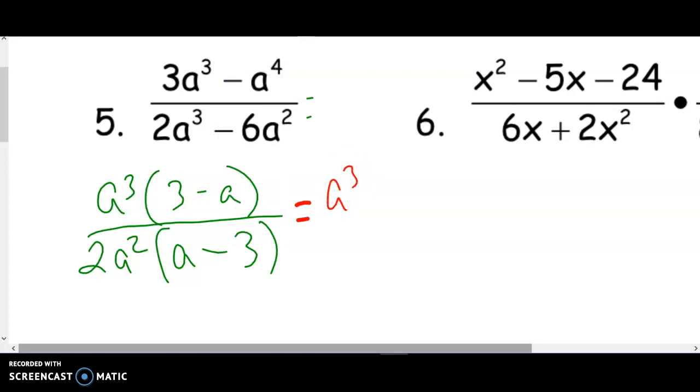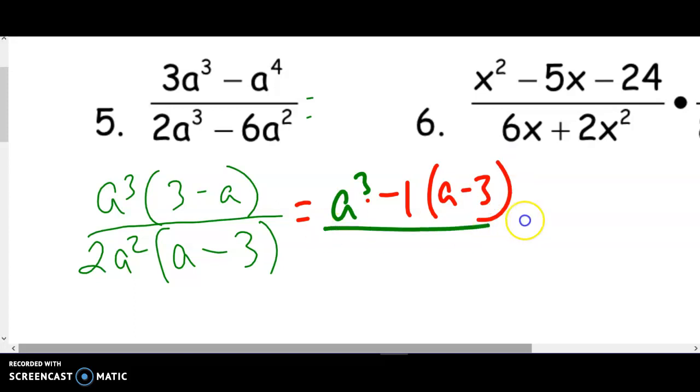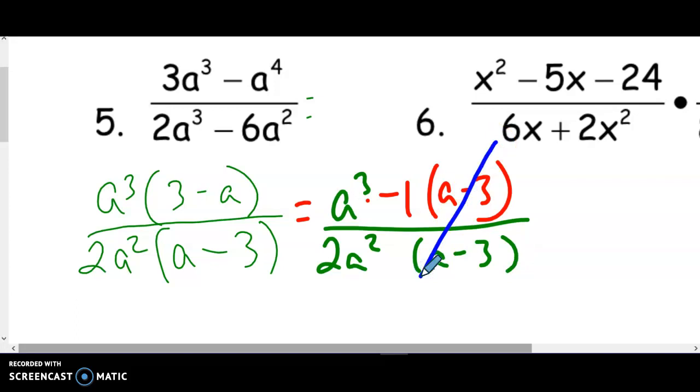So a cubed, I'm going to leave that green, is still there. I'm going to factor out negative 1, leaving me a minus 3 in the numerator. At the bottom, 2a squared, and you got a minus 3. So now these cancel. They do not cancel over here as they are different.